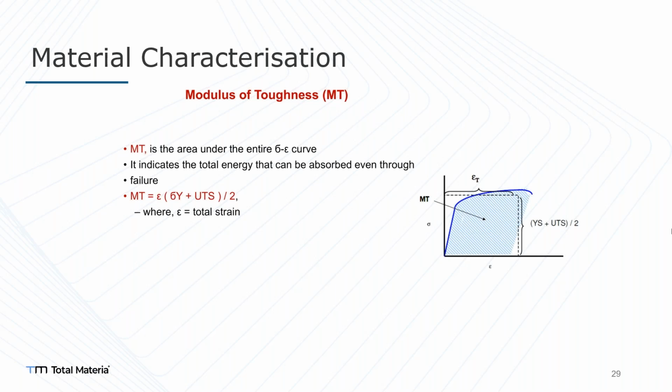You want a structure with really high strength in order to get good energy absorption. The modulus of toughness tells us we need the area under the stress-strain curve. I'm saying this because carbon fiber is a good way to understand material selection.